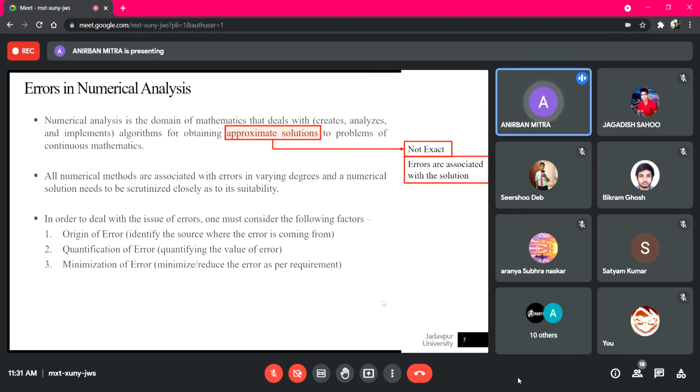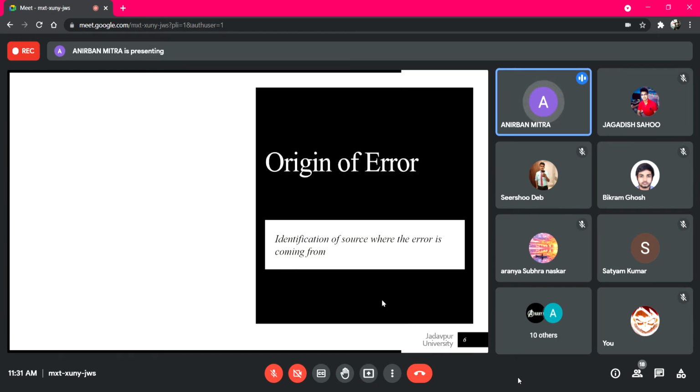And the third is minimization of error. That means you want to reduce the error as per requirement. Bring the level of error down to an acceptable limit. So these are the factors that one has to deal with. And of course, we'll start with the origin of errors.